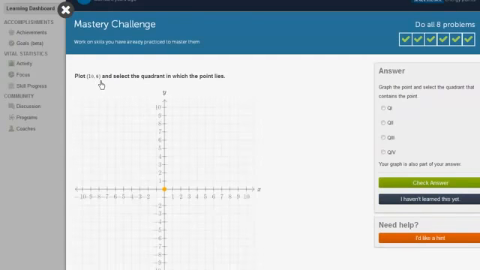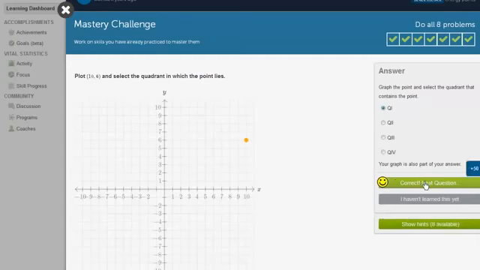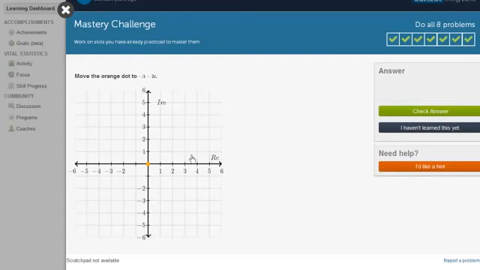Plot 10, 6 and select the quadrant in which the point lies. 10, 6. And it's sitting in the first quadrant. Move the orange dot to -3 minus 2i.